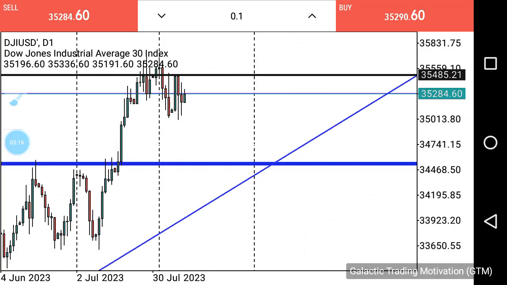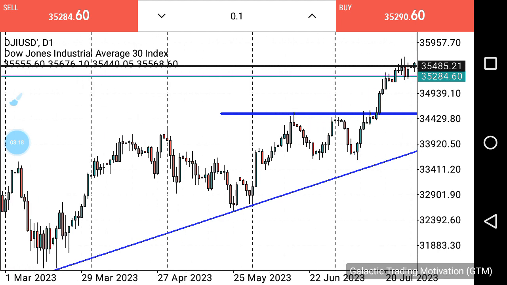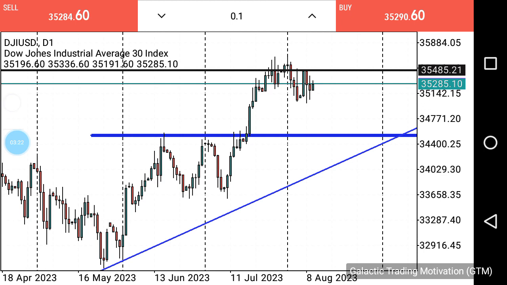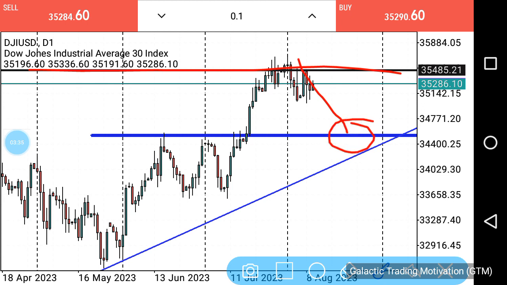Just bear with me. And here we are on the daily chart, and just to recap, remember guys, on the weekly chart we said that the market at this point in time is at a very strong level of resistance, as we had multiple rejections in and around that area, and we said that we may potentially see the market move further down to around this level, and at this level is where we may potentially look for those potential buying opportunities.